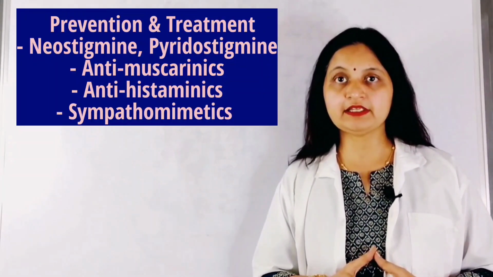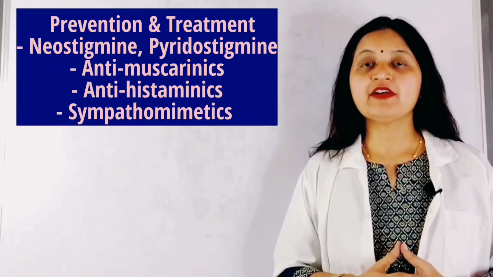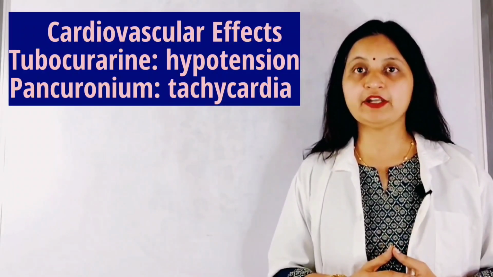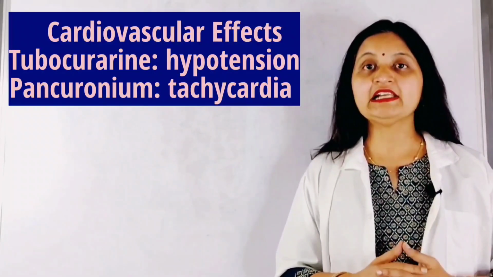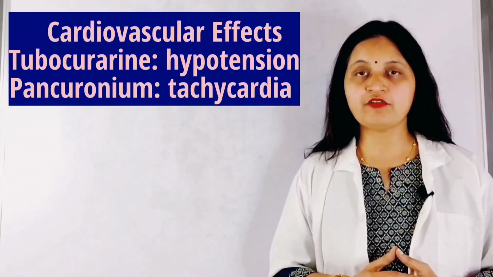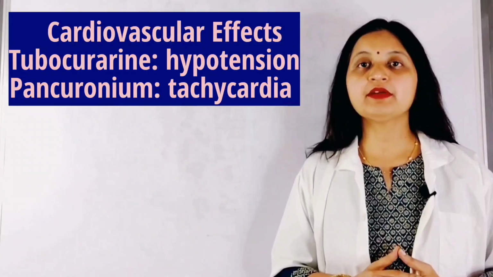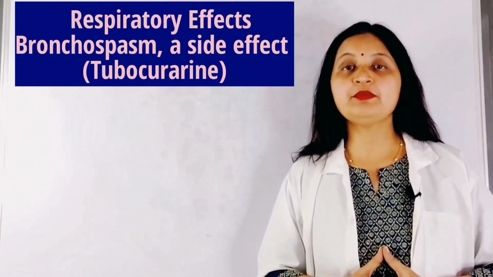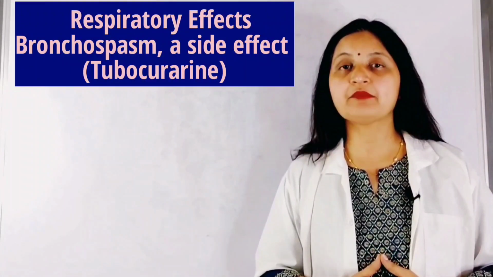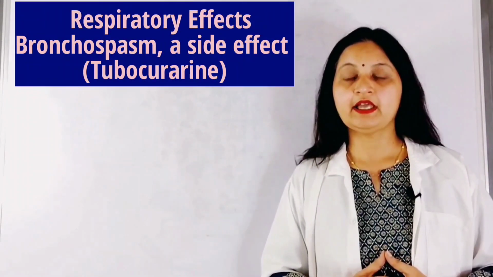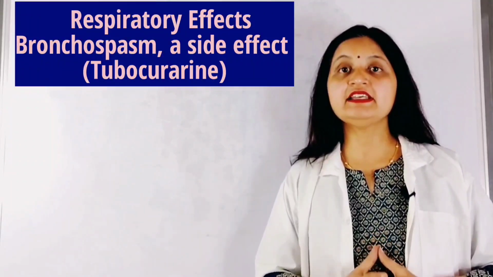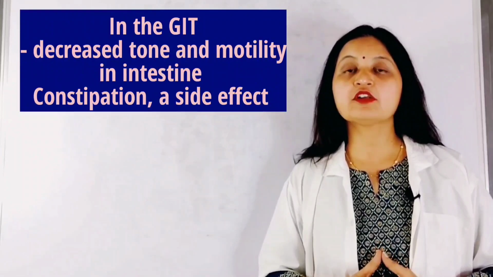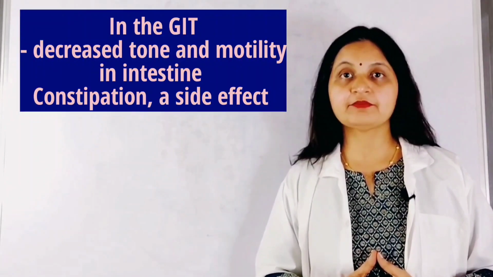Coming to the cardiovascular effect, as we have discussed earlier, hypotension can be caused by tubocurarine because of ganglion blocking activity and release of histamine. Pancuronium can cause tachycardia as a side effect. With respect to respiratory effects, bronchospasm can be caused by tubocurarine. In the GI tract, there is decrease in the tone and motility of the intestine and this can cause constipation as a side effect.